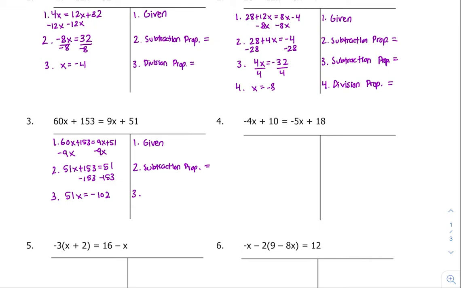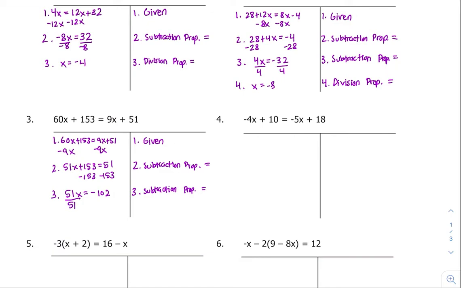Reason, again, subtraction property of equality. Now I'm going to divide both sides by 51. So I'm going to get x is equal to negative 2. And then the reason, division property of equality.